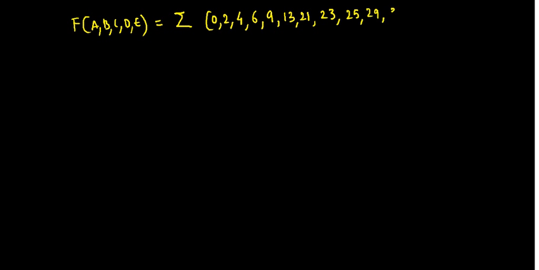Yesterday's example for 5 variable K-map: 0, 2, 4, 6, 9, 13, 21, 23, 25, 31. Go for this using the Quine-McCluskey method.